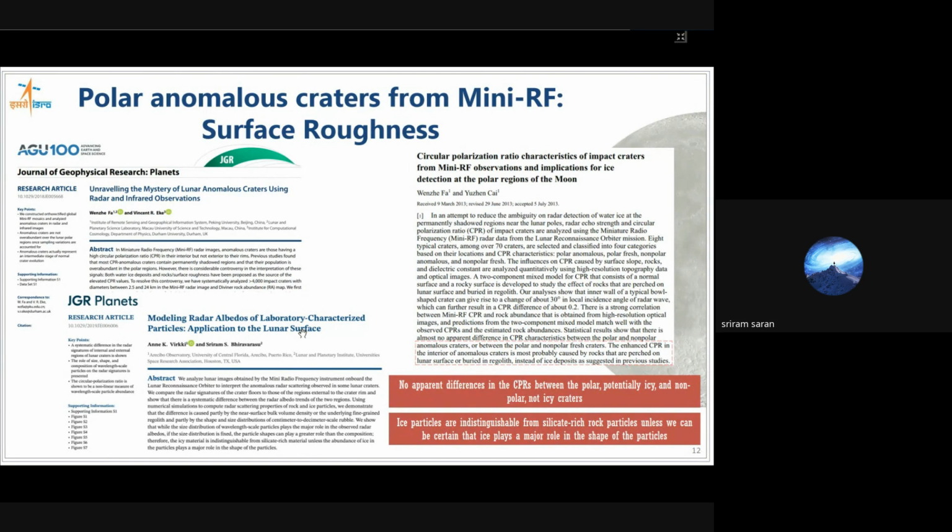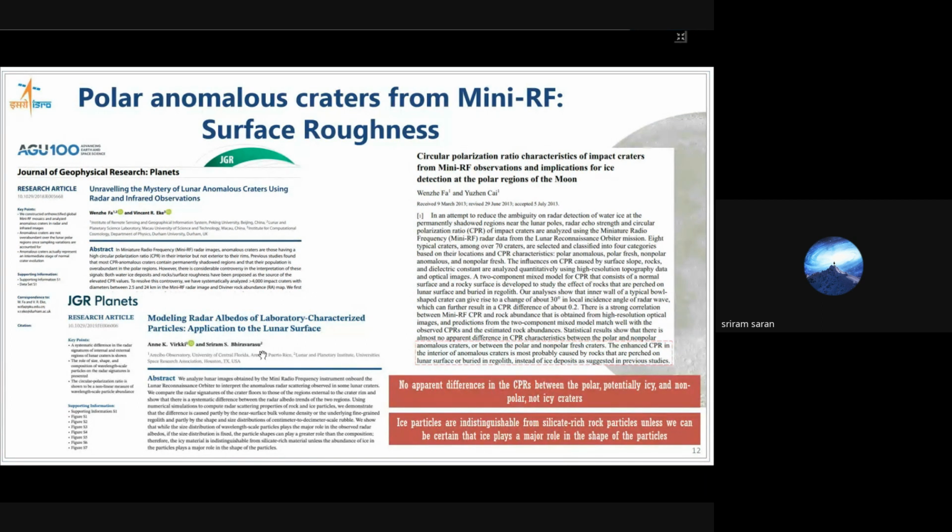That means the CPR we are observing in these polar regions is again due to roughness, and we could also observe that the same phenomenon is occurring in the non-shadowed regions also. And our modeling approach proved that the ice particles are indistinguishable from the regolith unless we can be very certain that ice plays a major role in the shape of the particles.